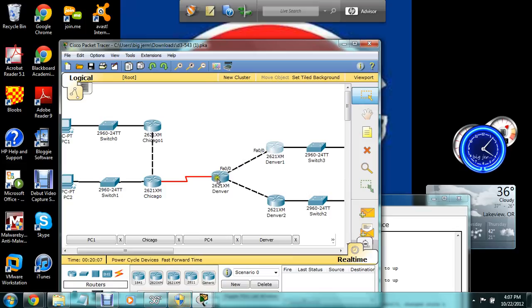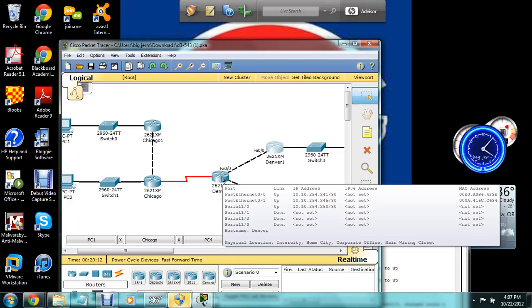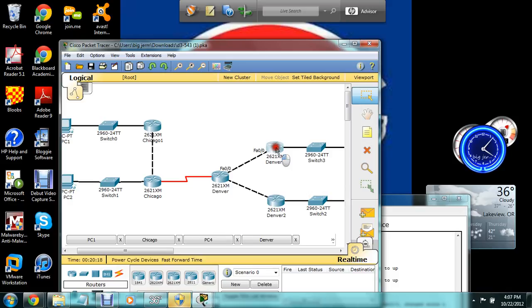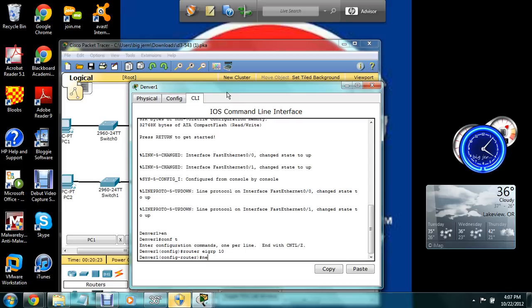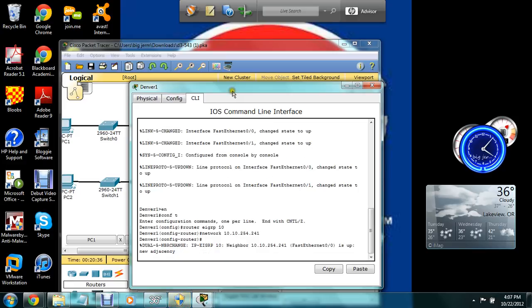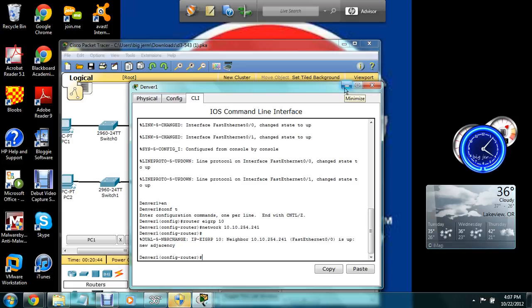It's going to be Fa0/0, so that's 254.241. And it shows that that network is up, so we'll go ahead and save that.